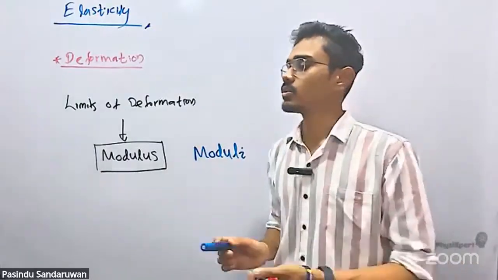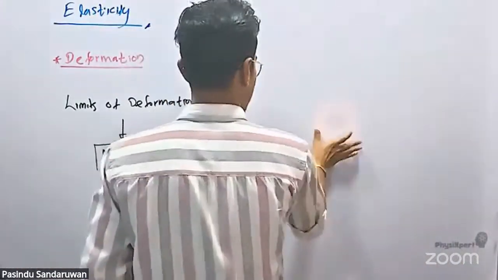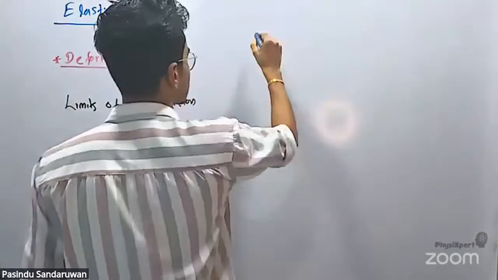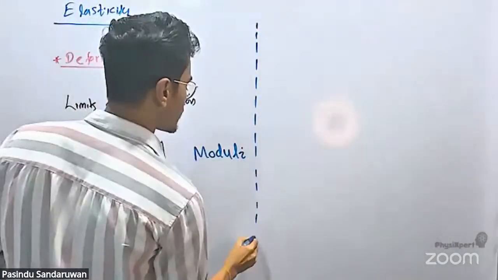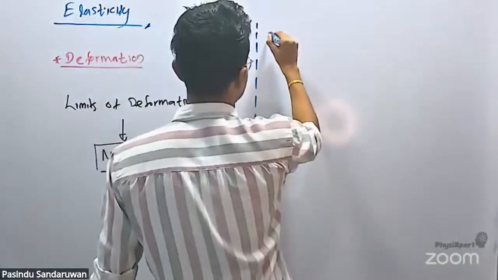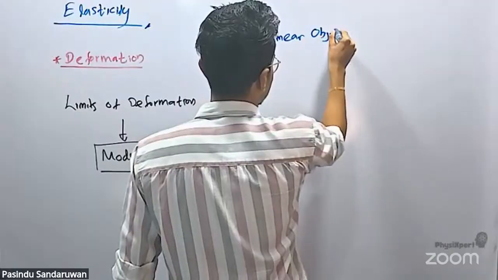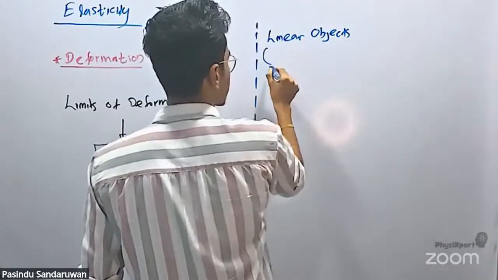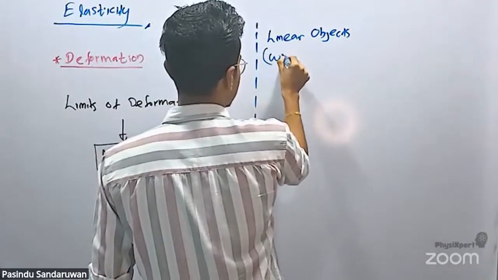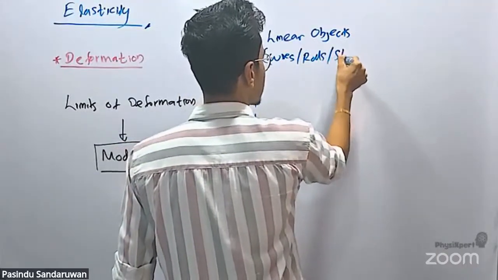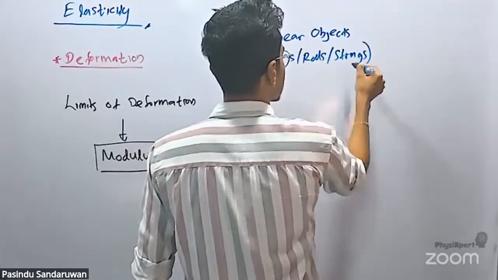Okay, look at here. So basically, we have three categories of objects here in elasticity. First one is linear objects. Don't write, look at here. Linear objects means wires, rods, strings. Those are the linear objects.